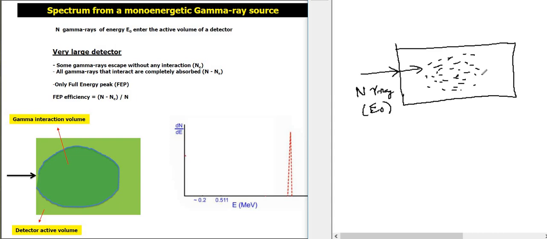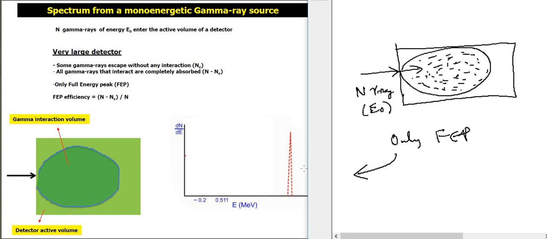So you can see there is a gamma interaction volume like this, where all the processes, Compton scattering, pair production, multiple Compton scattering and all that, will be absorbed, and as a result we will observe only the full energy peak.